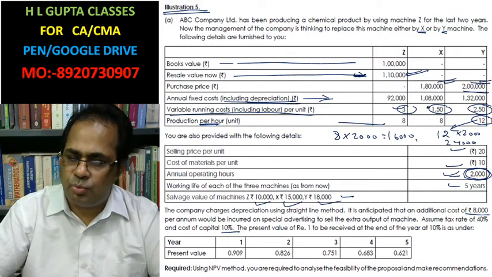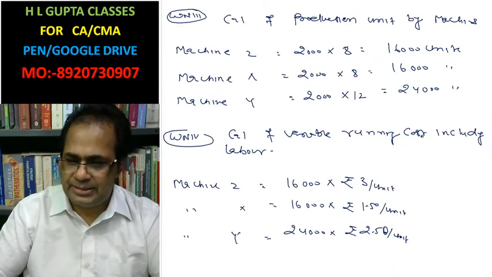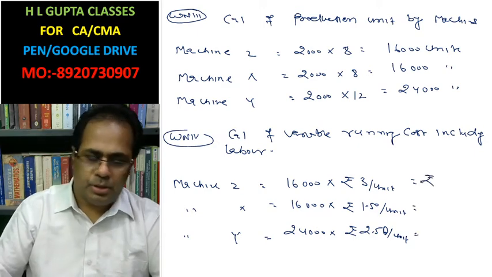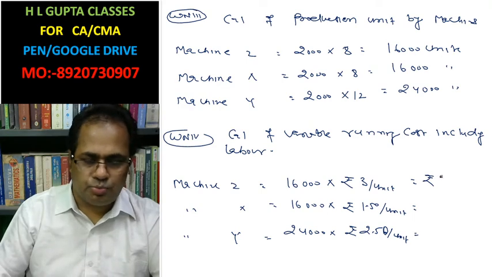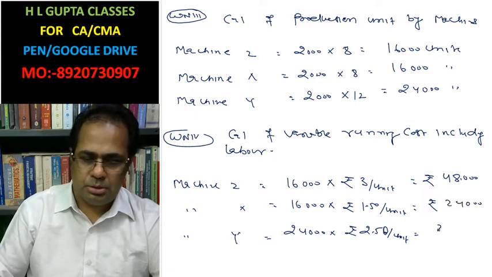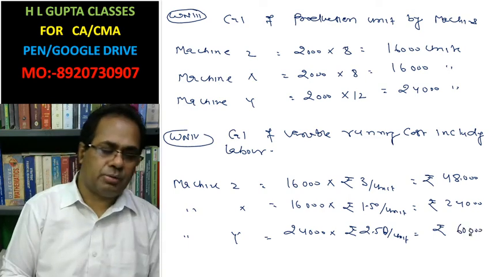Rupees 3, 1.5, 2.5. So this is rupees 48,000, rupees 24,000, rupees 60,000. Okay, this we have calculated.